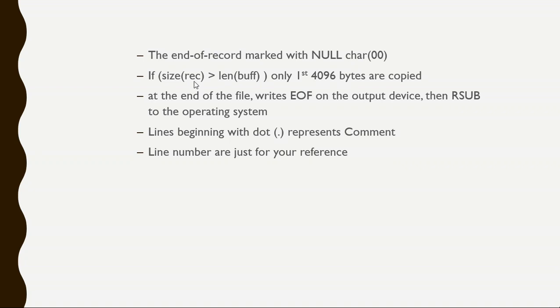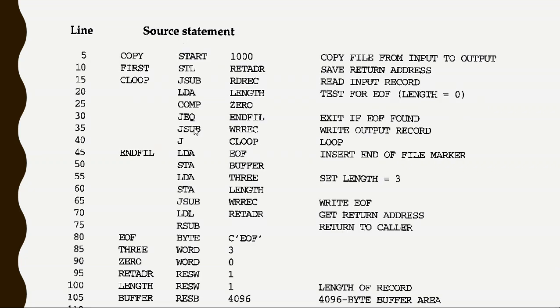If it is greater than that, then it will give an error. Otherwise it will copy to the output device, and at the end it will write EOF, end of file. Then RSUB means return from the subroutine.